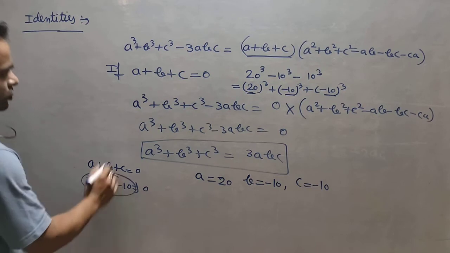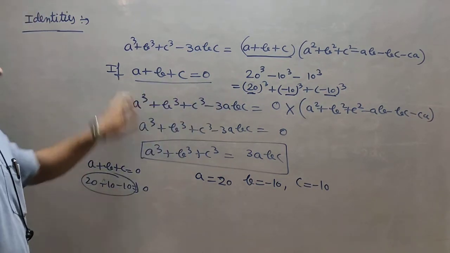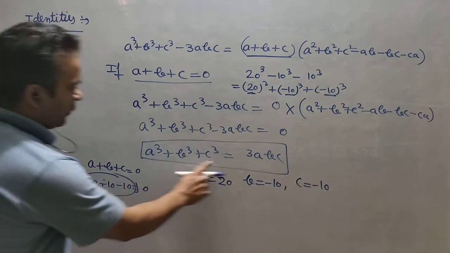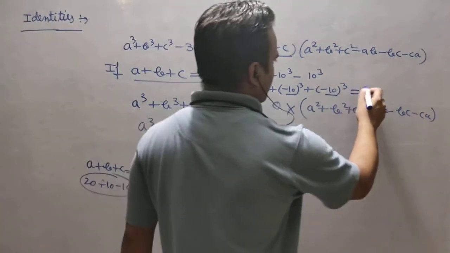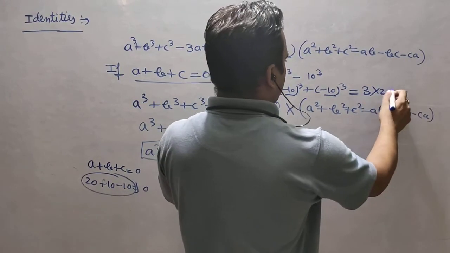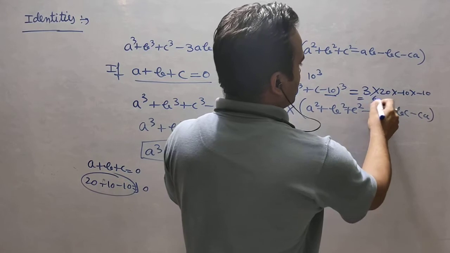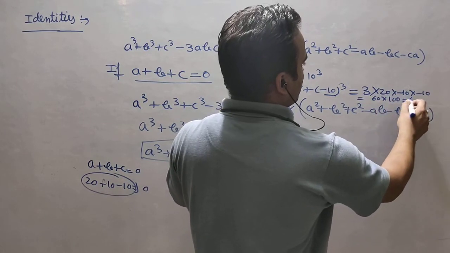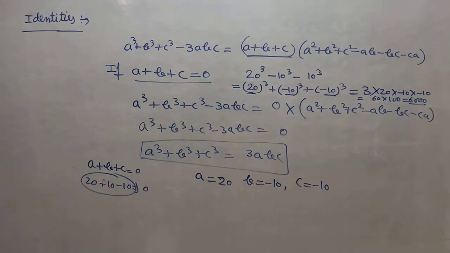It means now you know that this case is satisfied. So if this case is satisfied, then we can say that the sum of cubes of all will be equal to what? 3 into what is a? 20, minus 10 and minus 10. So what is the result now? This is 60 and this is 100. So it is 6000. So your answer will be 6000.